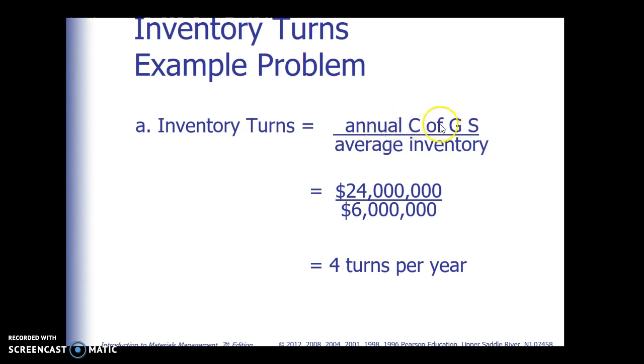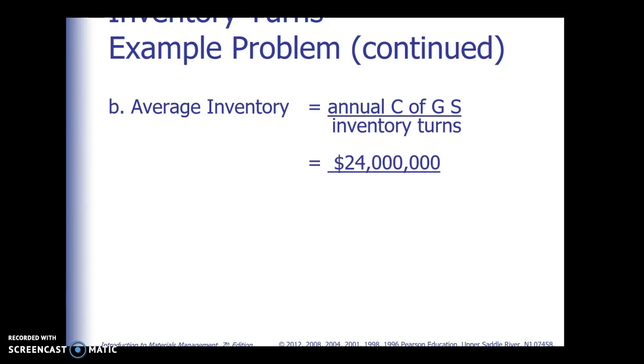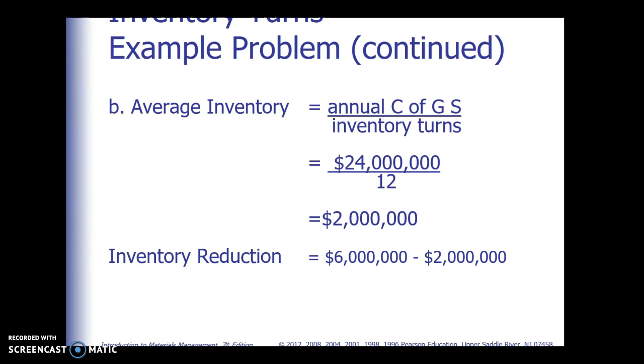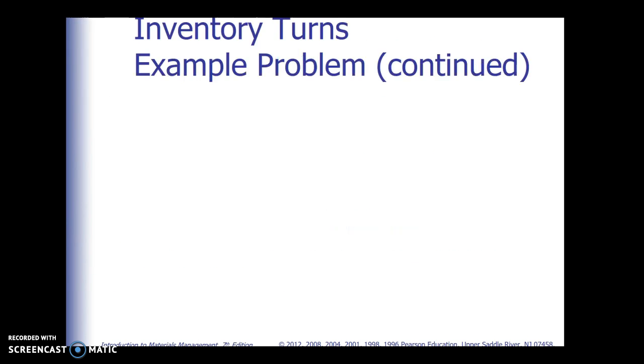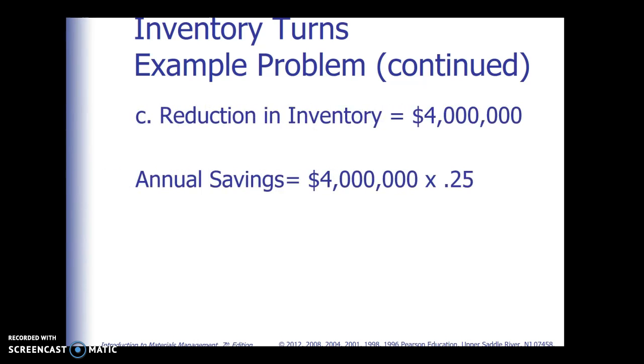So we've got your annual COGS, which is cost of goods sold, divided by your average inventory. So your annual COGS, 24 over 6 equals 4. Here's a second problem. And here's another problem as well.